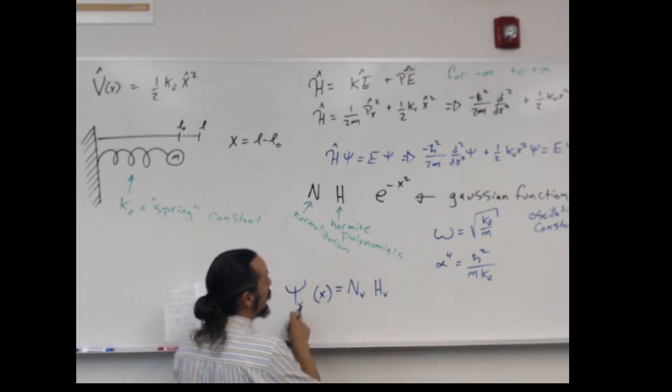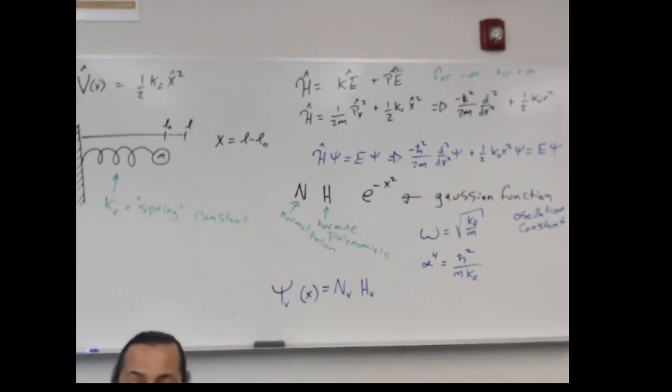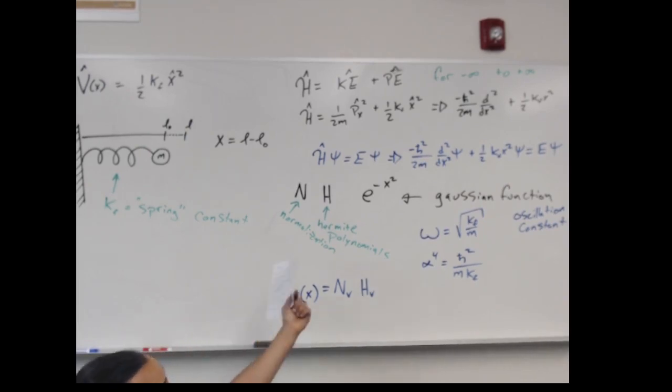Sorry. Just like we had psi n's when we were doing the particle in a box, and n was our counting number. The boundary conditions of how this thing behaves, we end up with a counting number. To make it so we don't get too many subscript n's and things, for the harmonic oscillator, we use the variable v for our integer counting number.